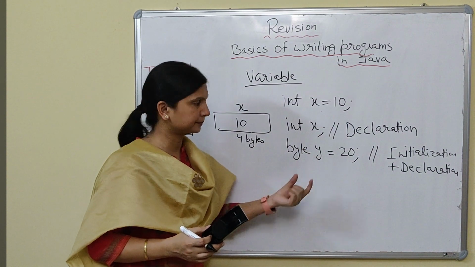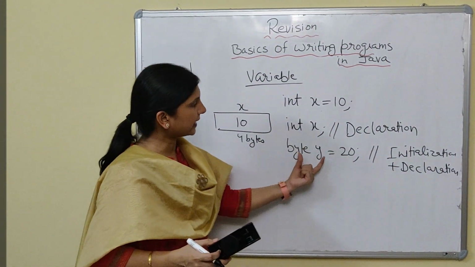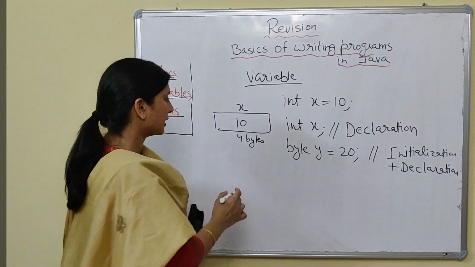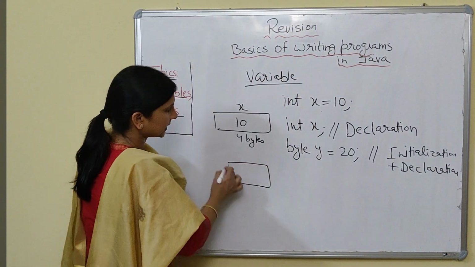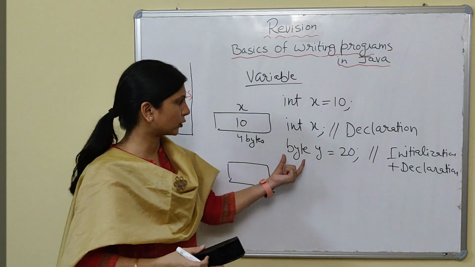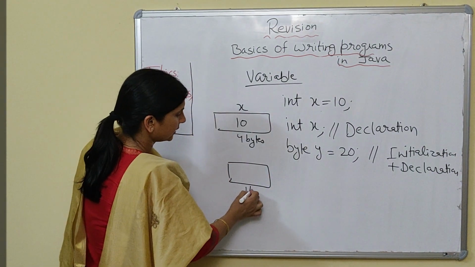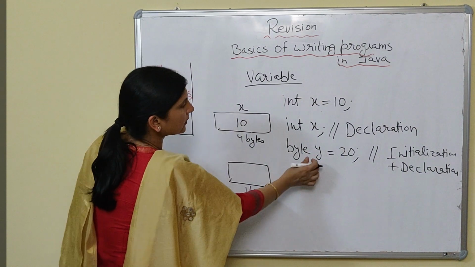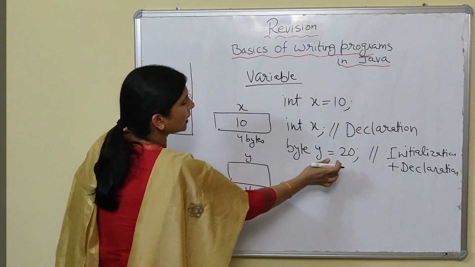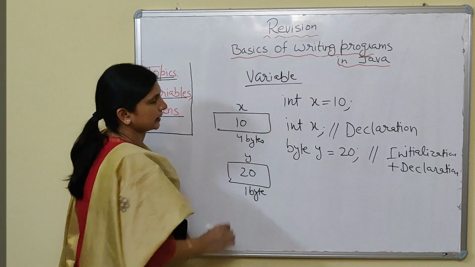Now when you write byte y equals to 20, how much space will be allocated in memory? Byte occupies 1 byte. So 1 byte will be reserved for the variable y to assign the value 20.